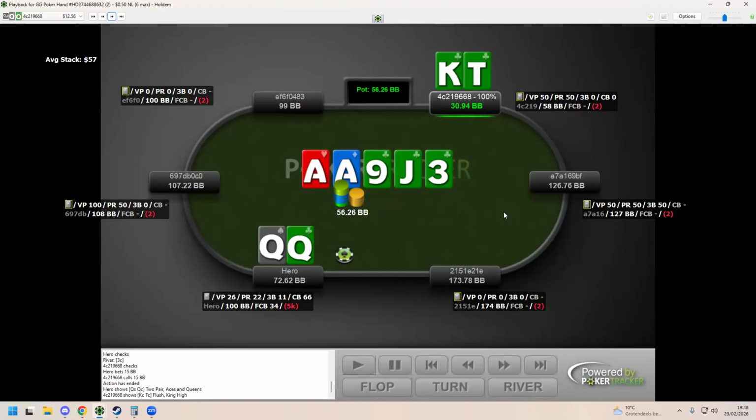I'm just hammering them with value every time. They're floating flops too wide and not playing certain draws aggressively. I mean, this is a good spot, but I'm just saying, if you bet smaller, the results would have been the same, and then you get a chance to get him to call with like a pair.